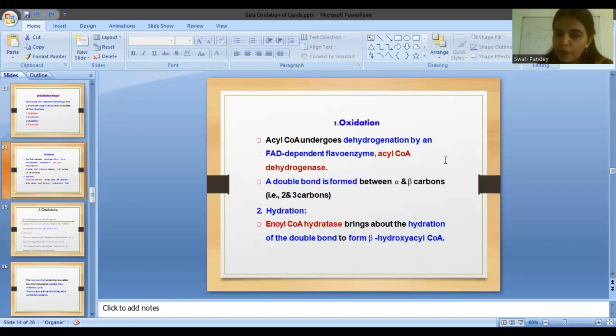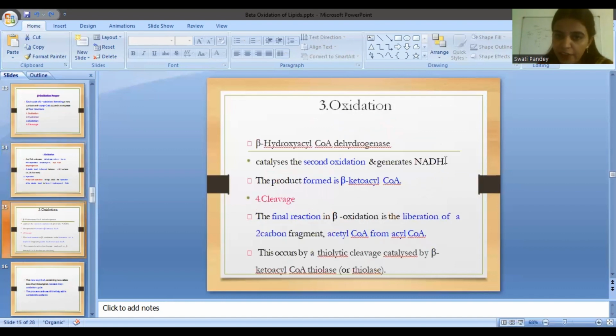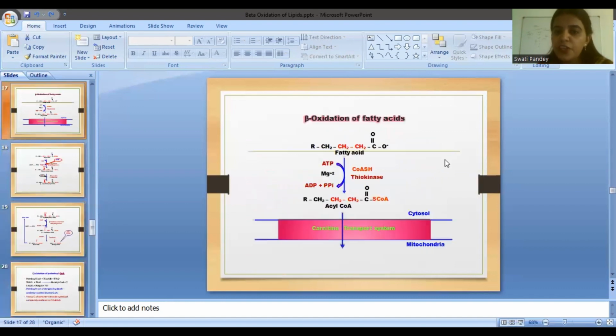The first step is oxidation, then hydration, then again oxidation, and next is the cleavage. So this is the complete beta oxidation cycle of the fatty acids.